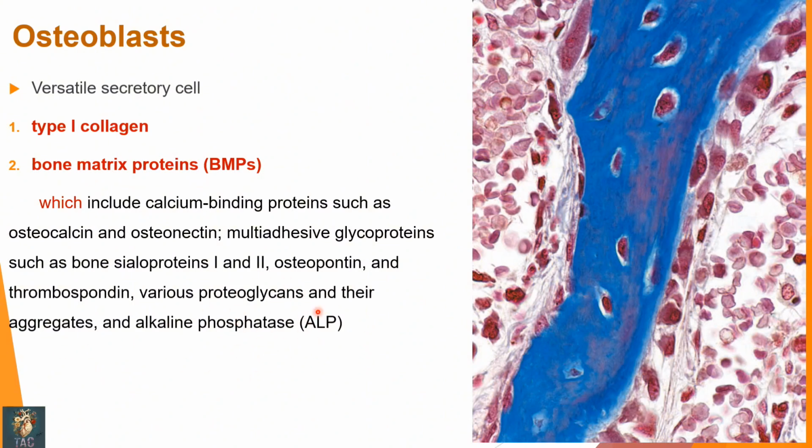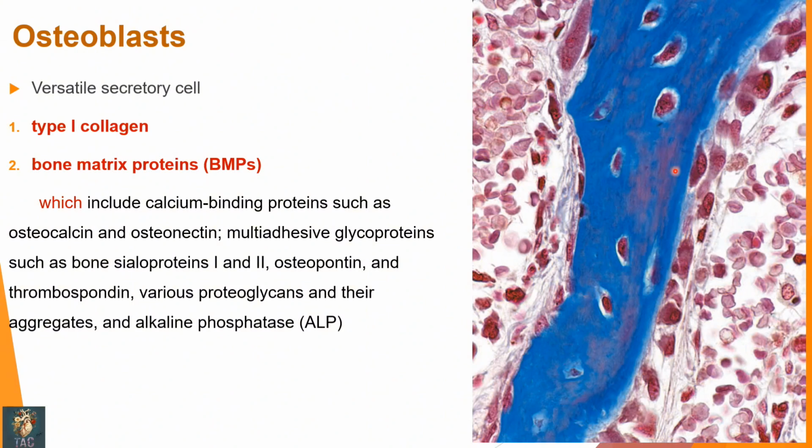So in this tissue you can see these are the cells. These are cuboidal shaped cells. These are the osteoblasts. These are present in the area where bone formation is taking place, and this is the special stain in this slide. These cells secrete osteoid. This osteoid contains the organic component, but it is less mineralized.